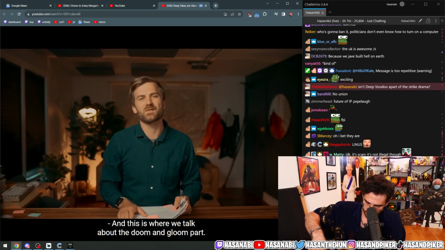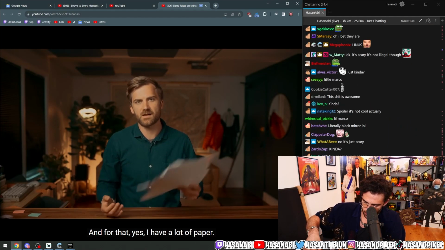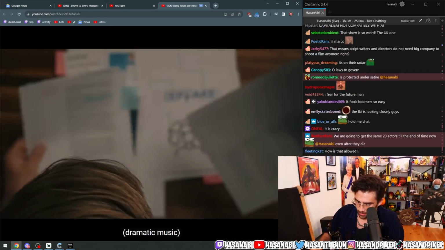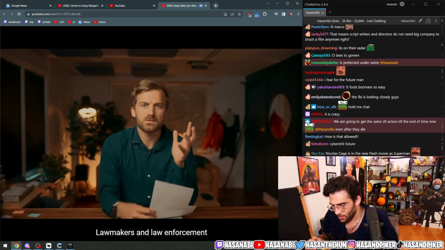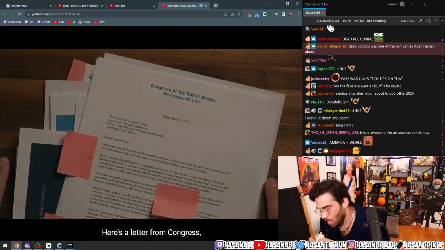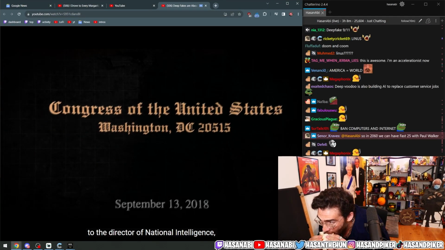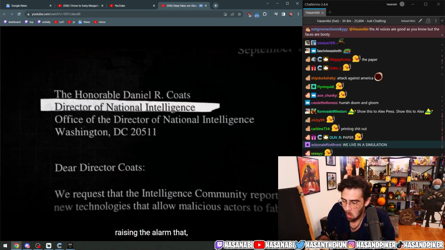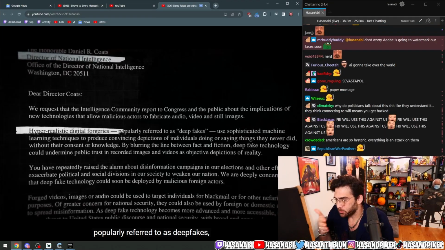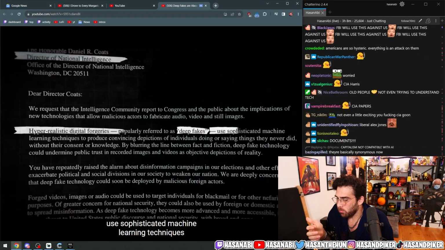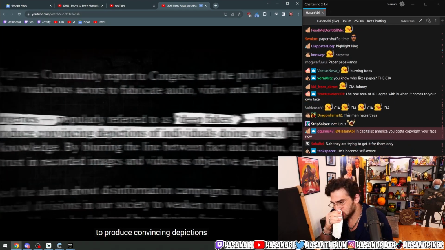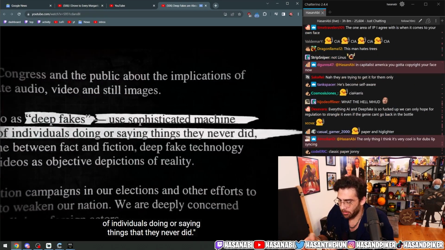And this is where we talk about the doom and gloom part. And for that, yes, I have a lot of paper. Lawmakers and law enforcement are getting worried about this technology. Here's a letter from Congress to the Director of National Intelligence, raising the alarm that hyper-realistic digital forgeries, popularly referred to as deep fakes, use sophisticated machine learning techniques to produce convincing depictions of individuals doing or saying things that they never did.